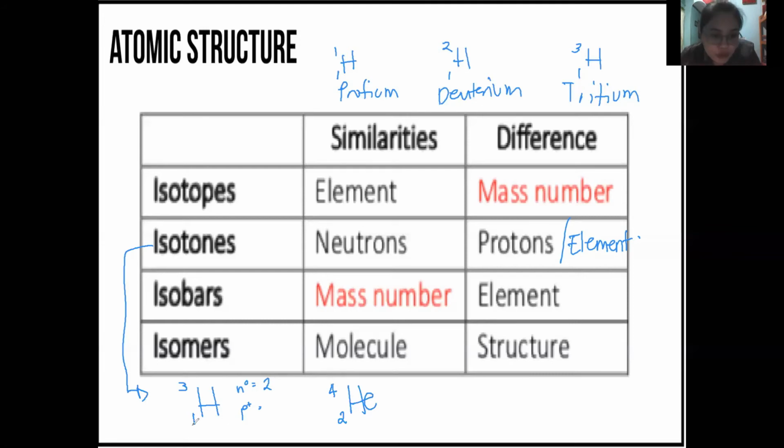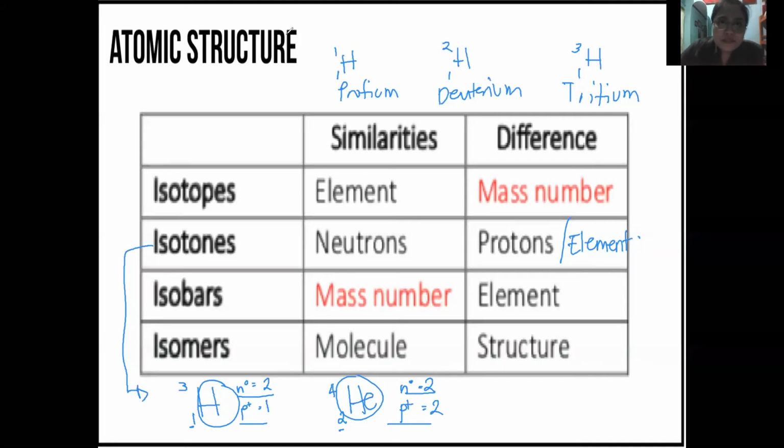And then, yung protons niya, since this is 1, so automatically this is 1. Now, for helium, the neutrons, 4 minus 2, that's 2. And then, since the atomic number is 2, so the protons here is 2. So, kung nakita nyo, the same ang neutrons nila, pero magkaiba yung proton. And automatically, magkaiba sila na element. We call them isotones.